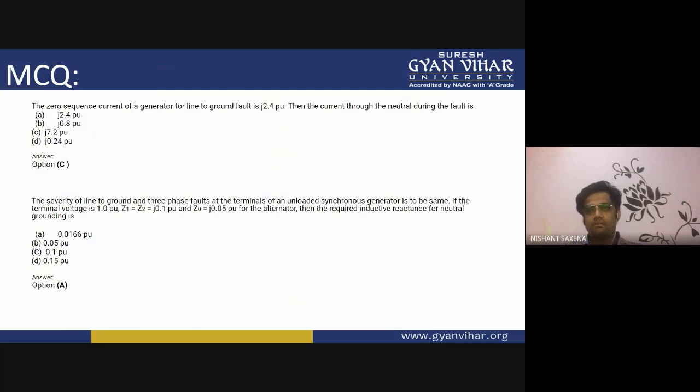A three-phase fault, or symmetrical fault, has occurred. If the terminal voltage Vt and Z1, Z2 and Z0 are given, it will be Vt upon Z1 plus Z2 plus Z0. Vt is 1 per unit, so 1 per unit upon Z1 plus Z2 plus Z0 gives me 0.0166 per unit.